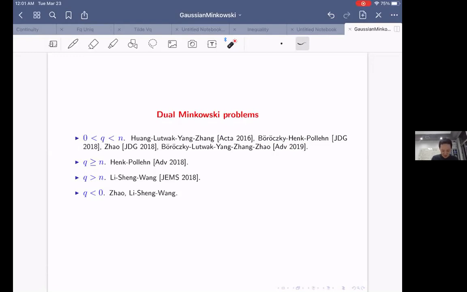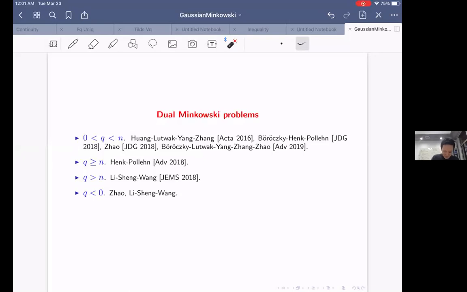And under this condition, for the integer case, Zhao solved it, and finally completely solved it. I mean, for the even measure case, the others solved the case for q belongs to 0 to 1 and even measures, under the optimal condition provided in this paper.